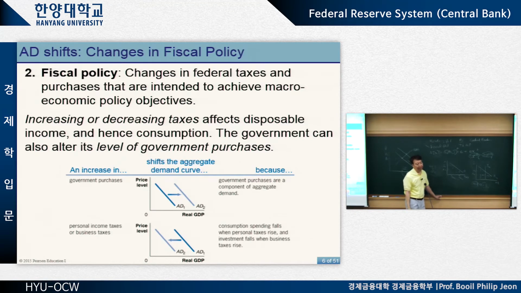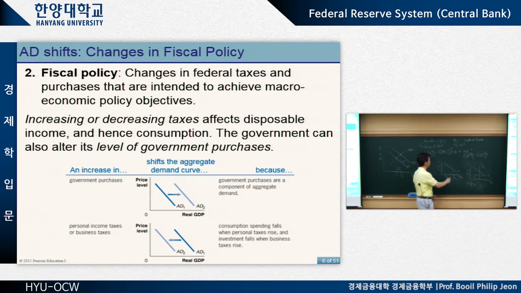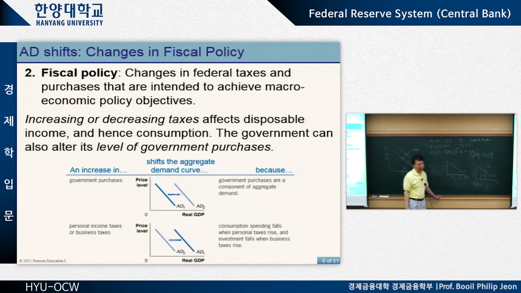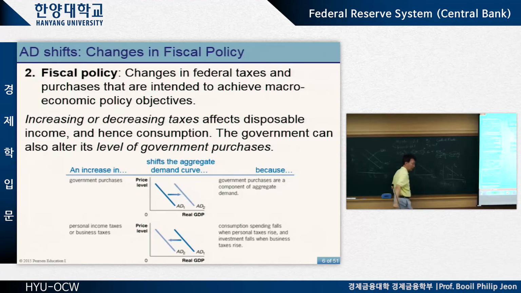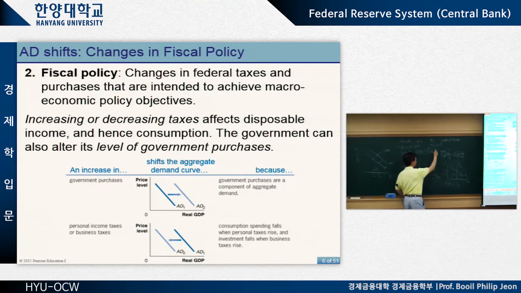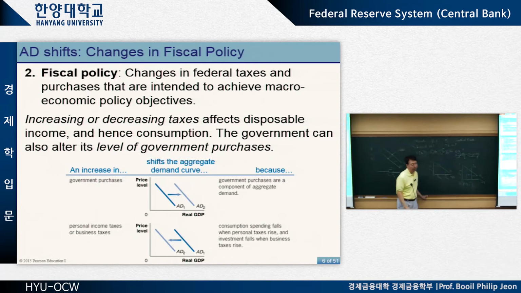If the government lowers the tax rate on corporations, then the businesses will have more money to invest, so the investment will increase. And if the government increases the spending, the purchase of goods and services, then certainly the government spending will increase. Okay?